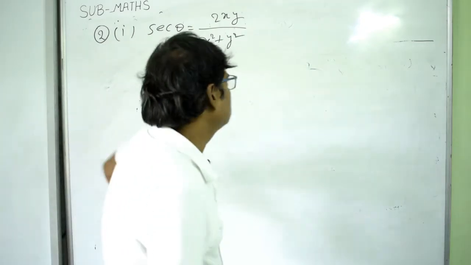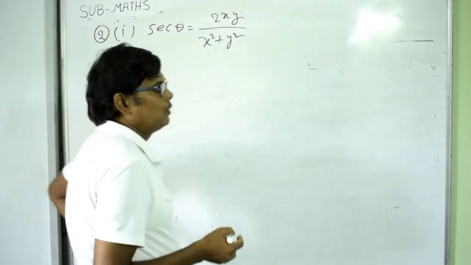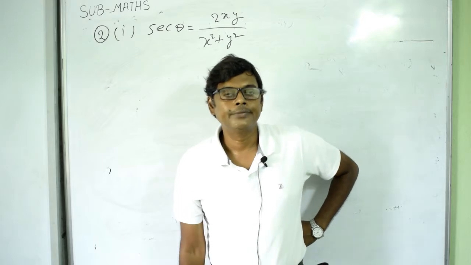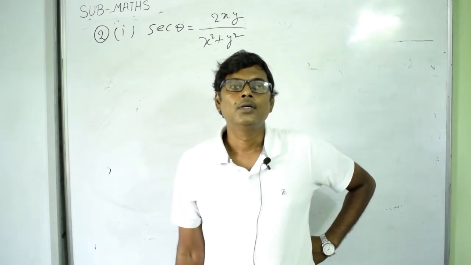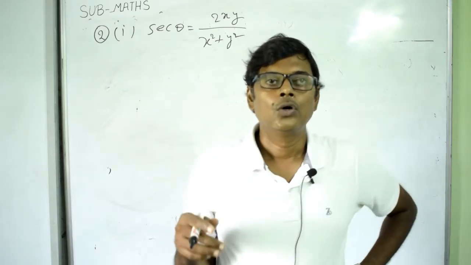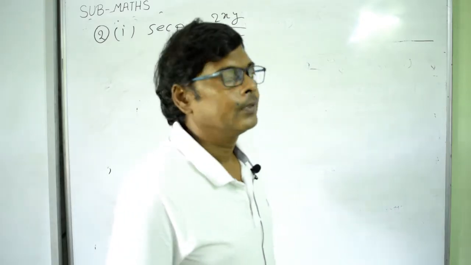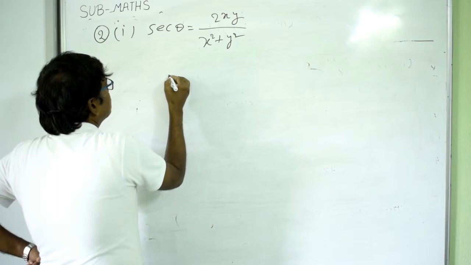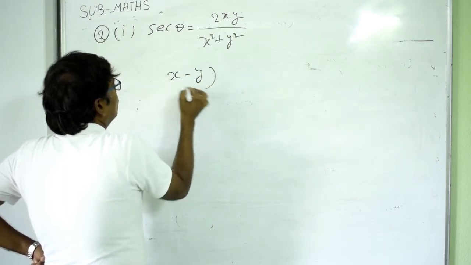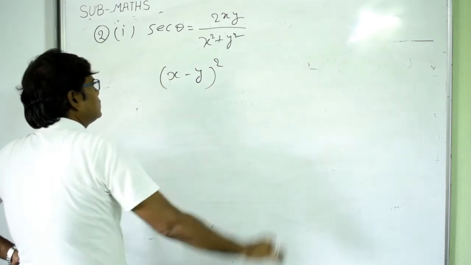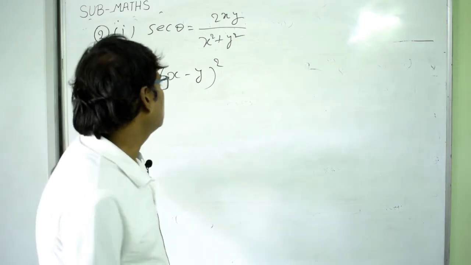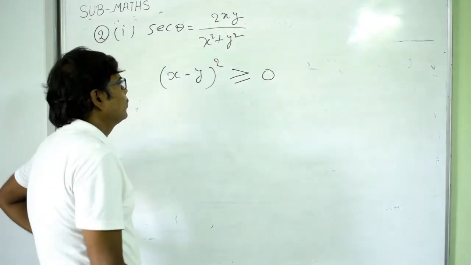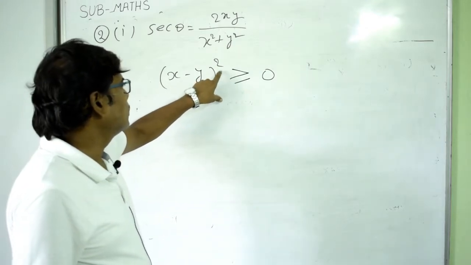So first we will start with this, and here you must remember that the value of sec theta is 1 or more than 1. Now first take (x minus y) whole square, and this expression is always greater than or equal to 0, because this is a whole square.